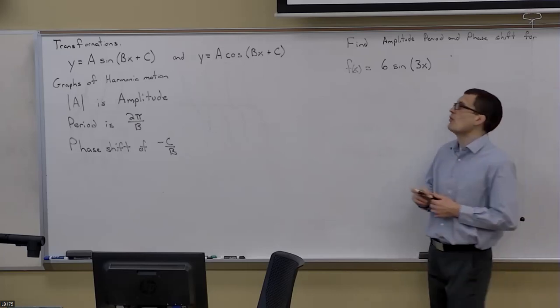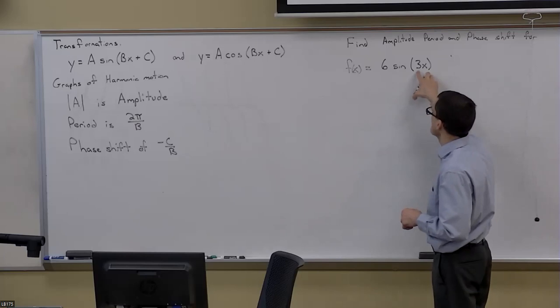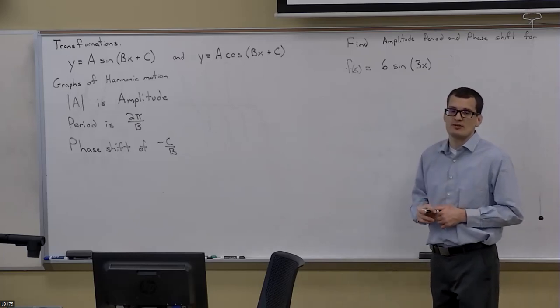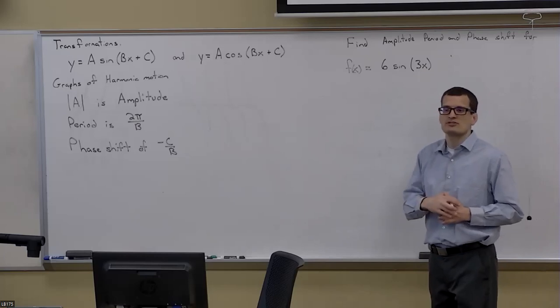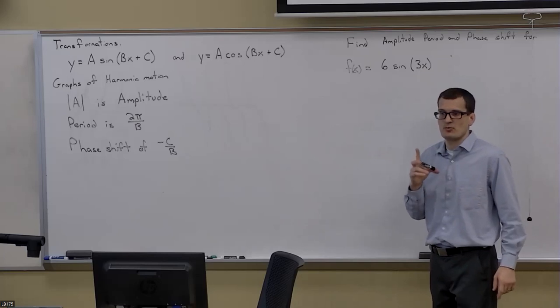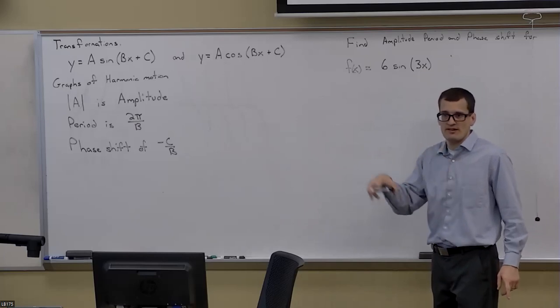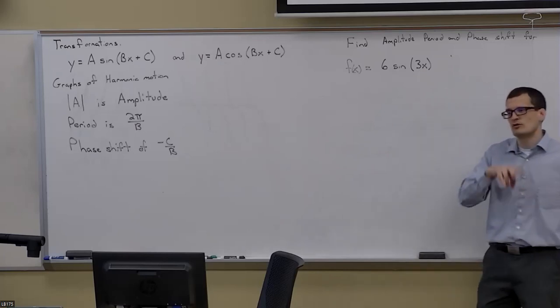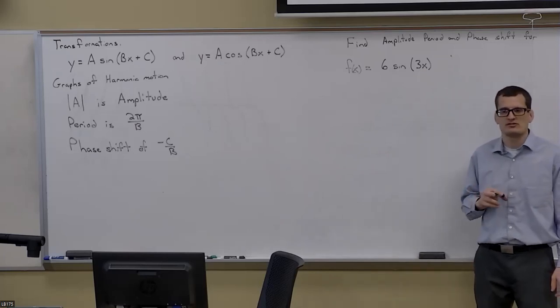If your number out front happened to be a number that's less than 1, then you ask yourself, how long does it take me to get through 1 full wave, or 1 full rotation around the circle?